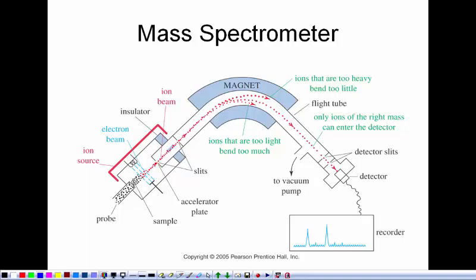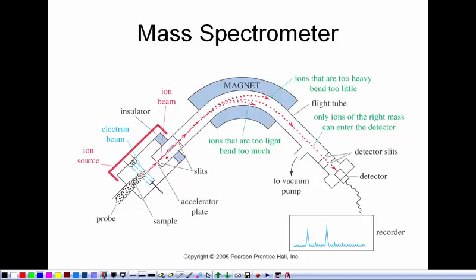So then you have some negatively charged plates here to pull the positive charges towards them. There's a small hole or a slit, and the molecules that strike the side of the plate don't go into the mass spectrometer. Those that do go in through a really small hole, so they go in a straight line. And there's a couple more negatively charged plates here to kind of move them into the system.